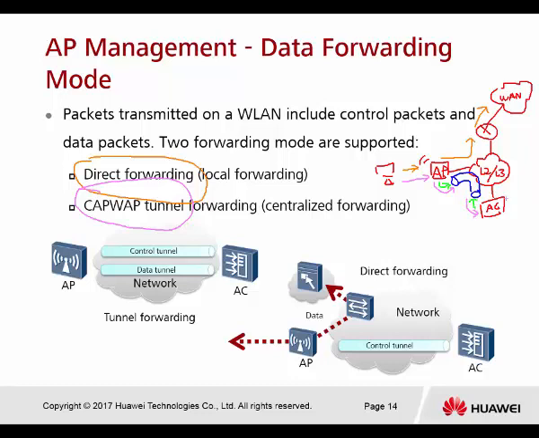Then the controller, based on the routing table, forwards your data to the gateway. So they have two different configurations. Just take note. You have to understand your network topology design here, and when you are going to use direct forwarding and when you are going to use the CAPWAP tunnel forwarding mode. So there's a difference here.